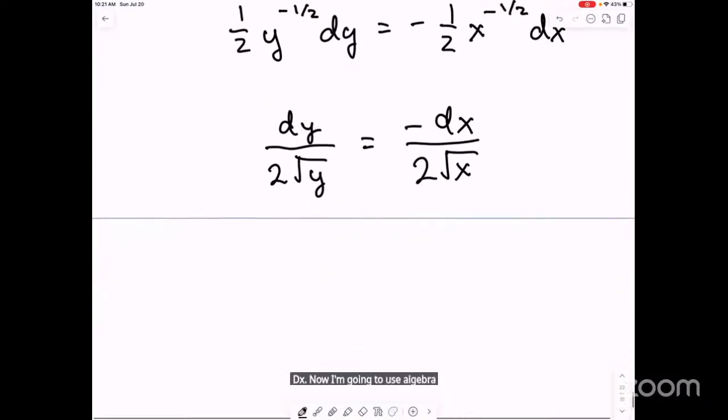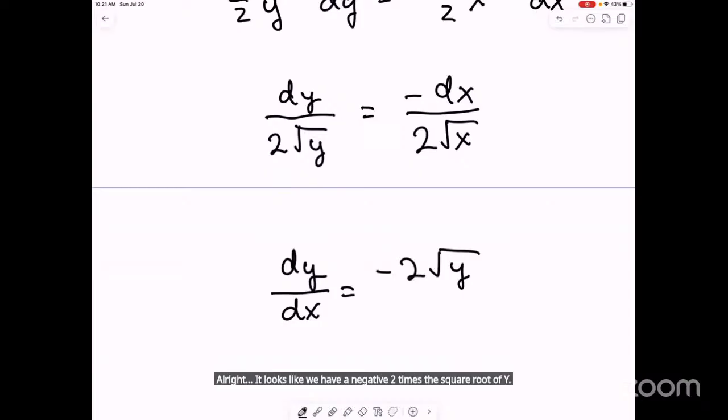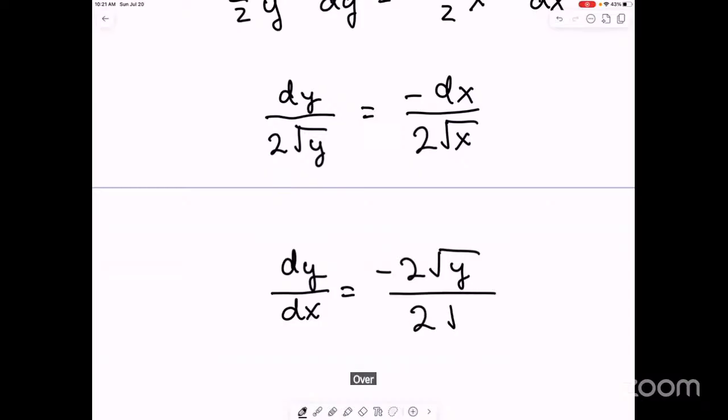You can cross multiply because I want to isolate my dy by dx. On the right, it looks like we have a negative 2 times the square root of y over 2 times the square root of x.